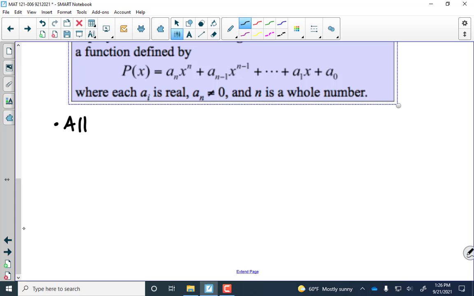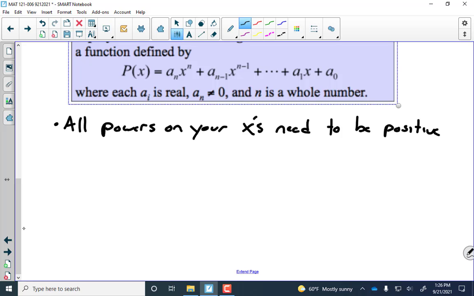To be a polynomial, all powers on your x's need to be positive integers. 1, 2, 3, 4, dot, dot, dot. If you have a power on an x, it can't be a fraction, it can't be a decimal, it can't be a negative. It has to be a nice positive integer.